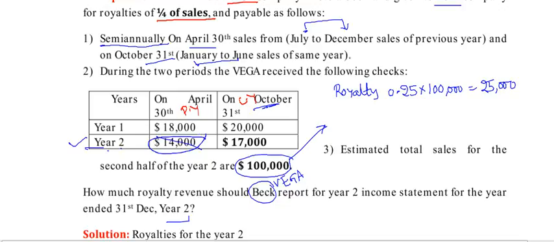Only this year: the January to June sales, which are related to our current year 2, is 17,000. So total how much?